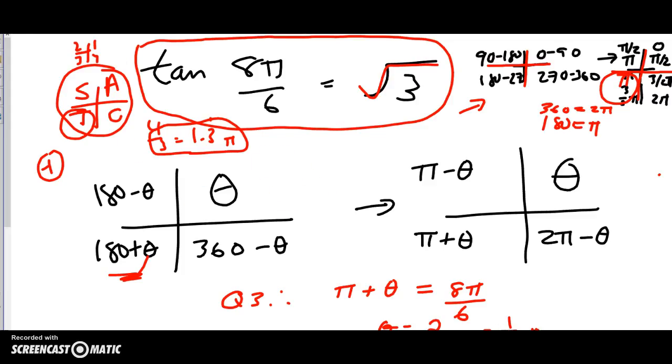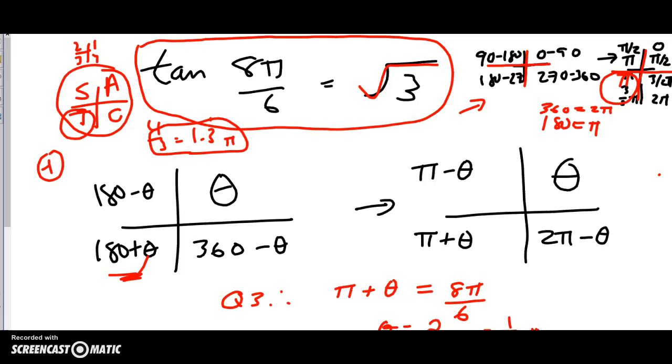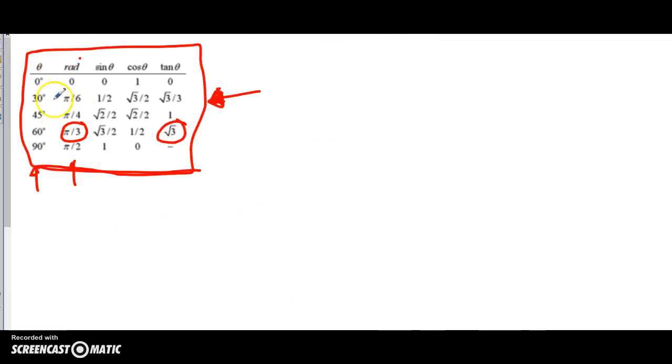So I have to figure out which one of these, 30, 45, 60, or 90, or pi over 6, pi over 4, pi over 3, or pi over 2, is related to 8 pi over 6. To find that out, I like to move back from quadrant 3 into quadrant 1, where all my answers here are.